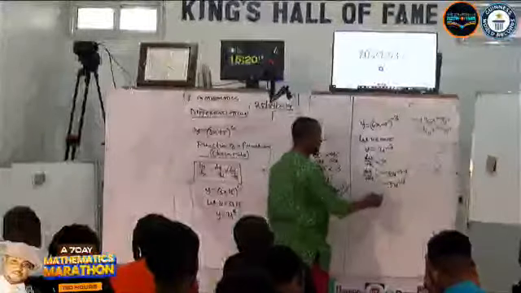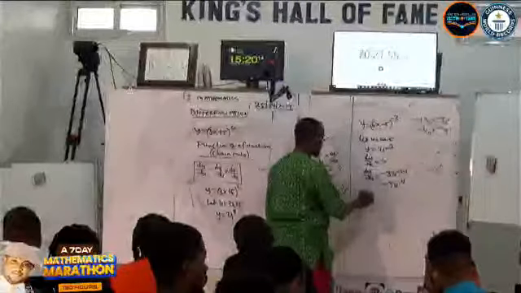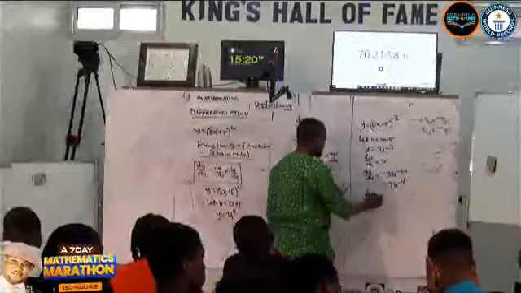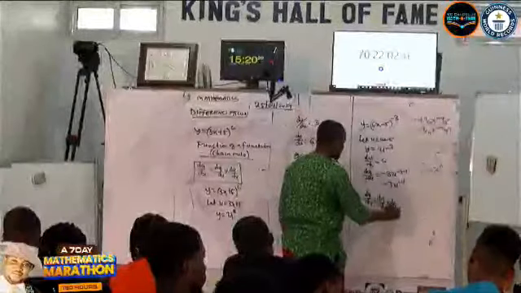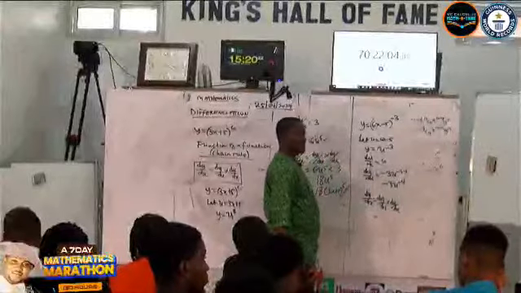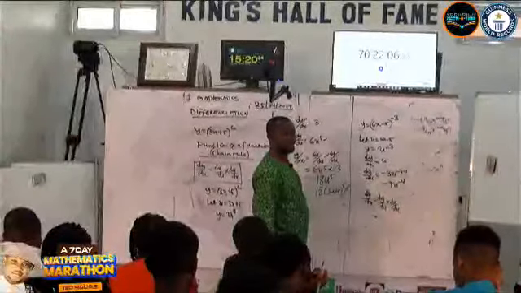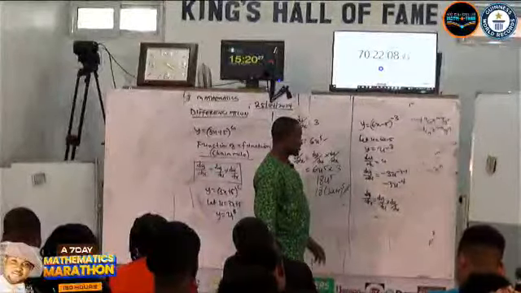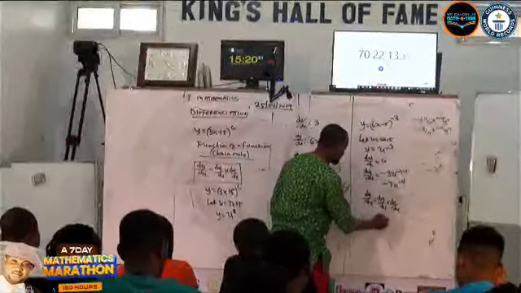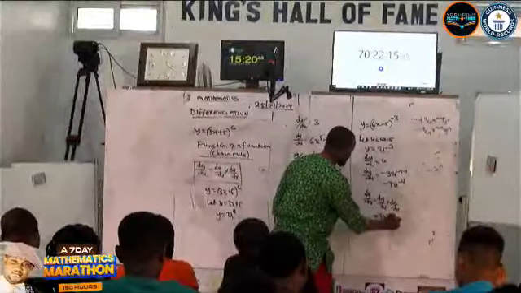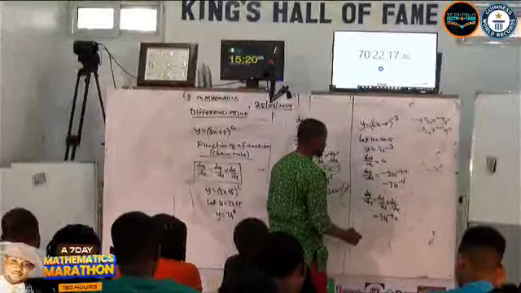So you can still present this as dy/dx equals dy/du times du/dx. So what's dy/du? Minus 3u to the power of minus 4. Then what is du/dx? 6.